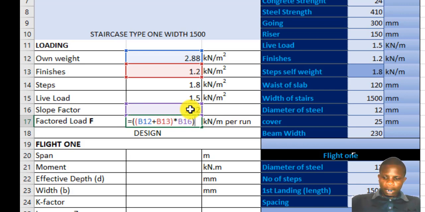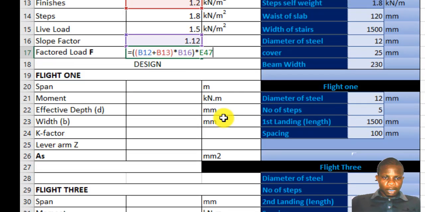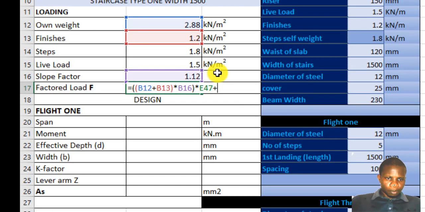We close the bracket again, times the factor for dead load. After this is going to be plus the step own weight, before we multiply it by the factored load. Close it, open this one to make it complete.